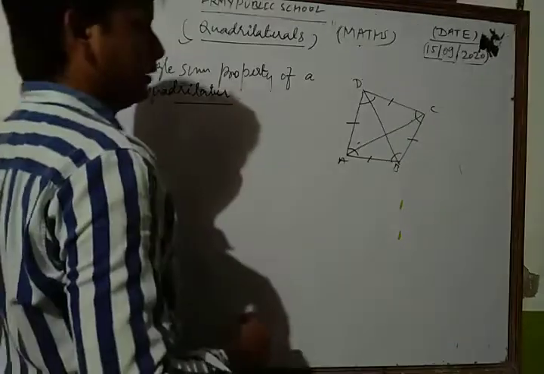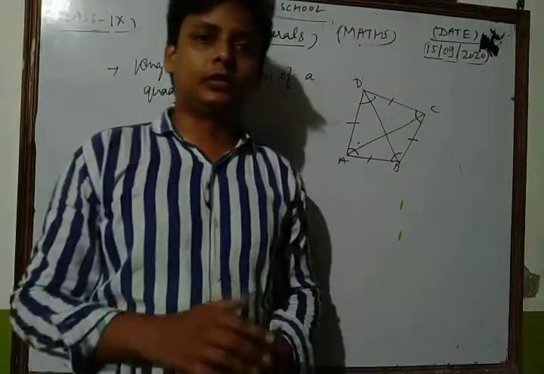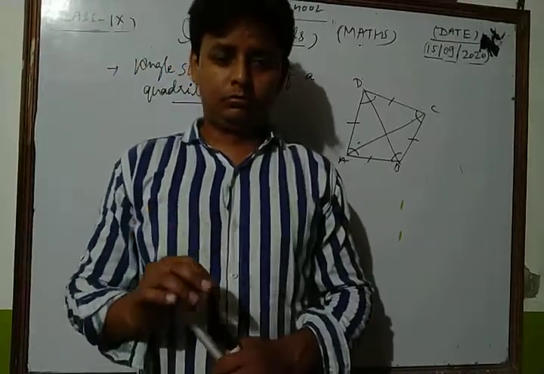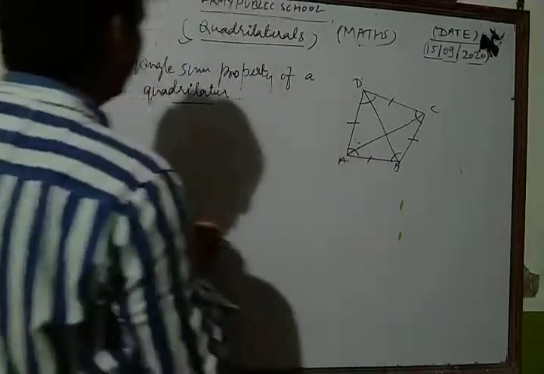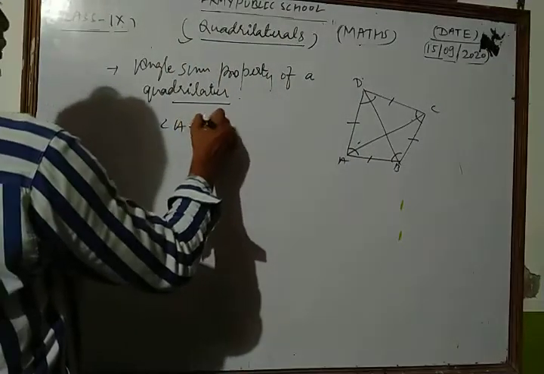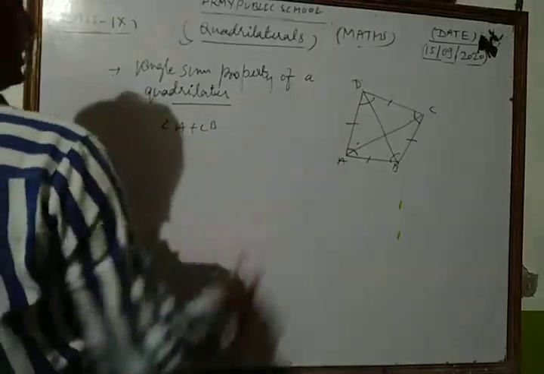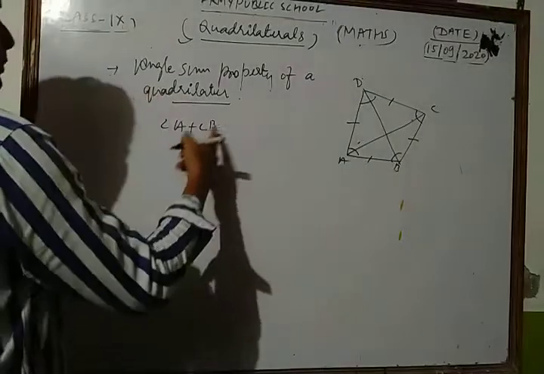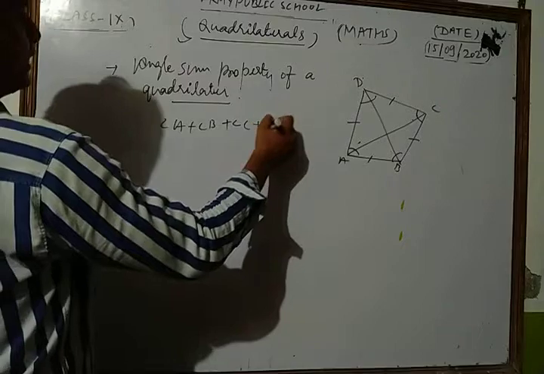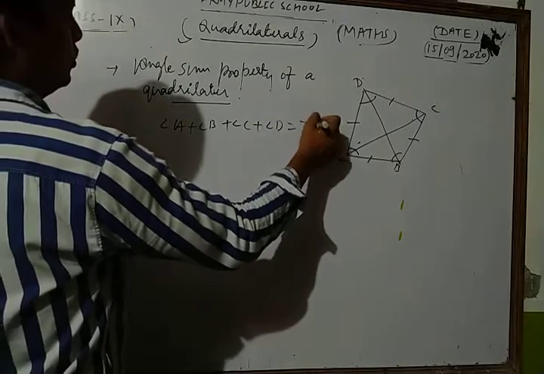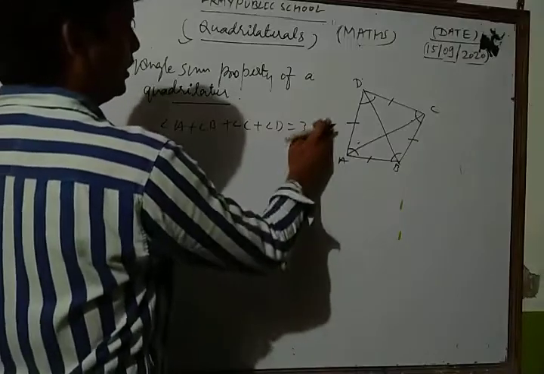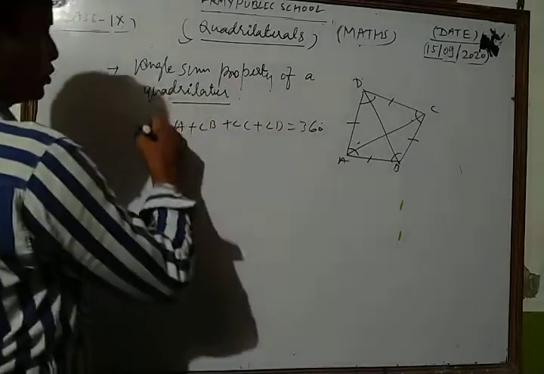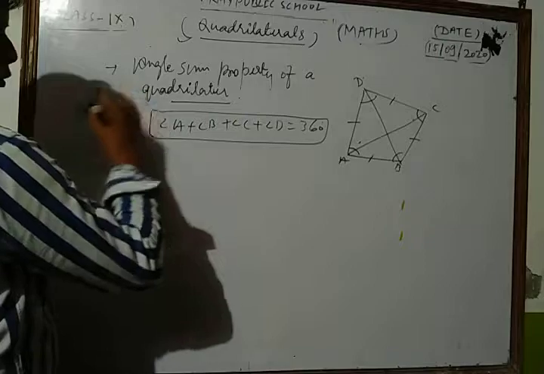Dear friends, in any quadrilateral, the sum of all angles is 360. That means for all angles of quadrilateral ABCD, angle A plus angle B plus angle C plus angle D is equal to 360.